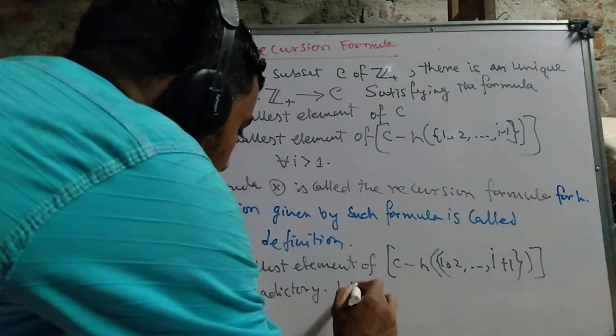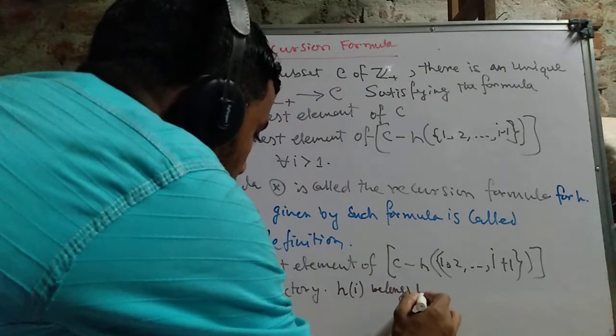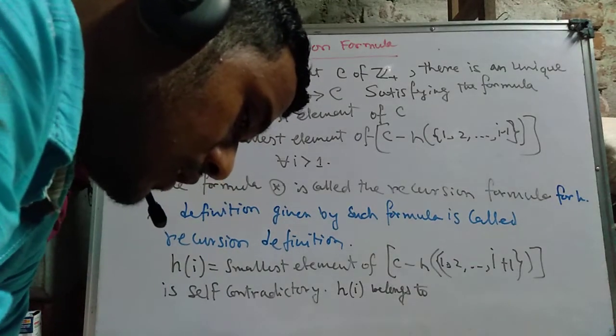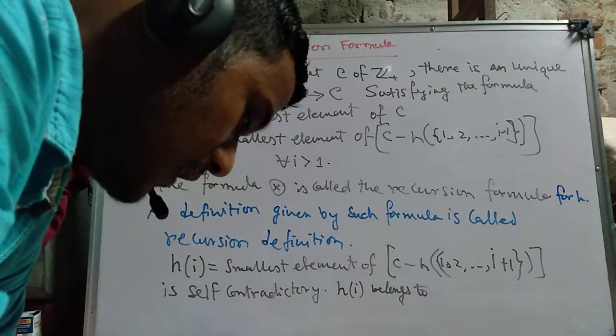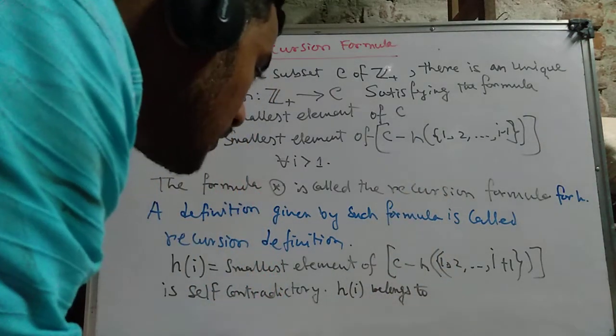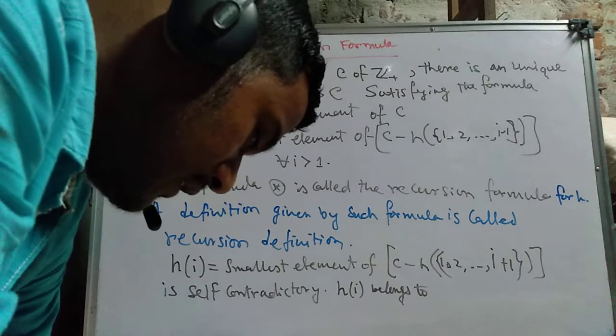This formula says h(i) belongs to the set, where h(i) is the smallest element of the set.